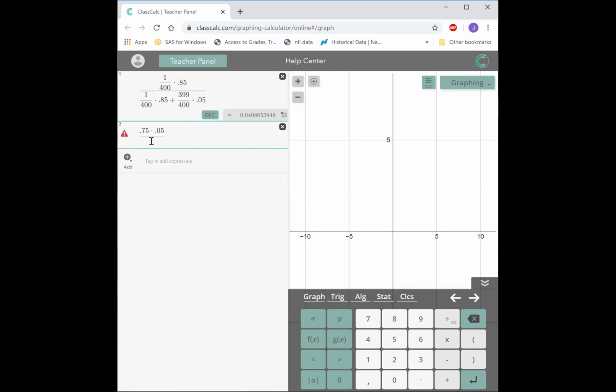Then we'll click right here and put 0.75 multiplied by 0.05, and we'll add this to 0.25 multiplied by 0.08. And if you look at that, you get 0.6522, or 65.22%.